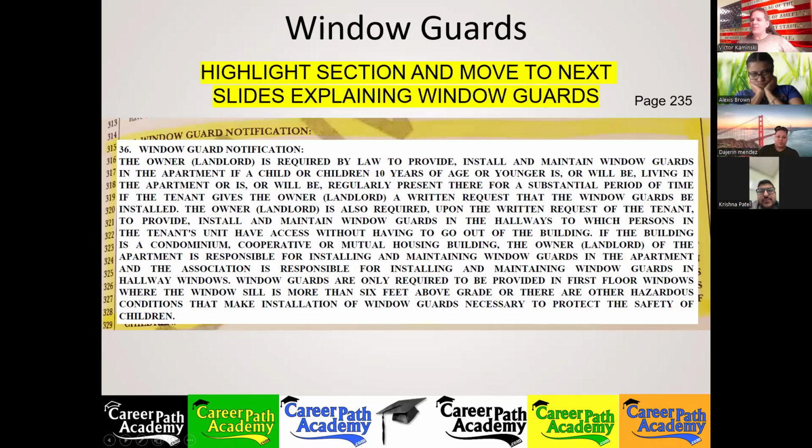Okay, nothing in the book about window guards, but window guards is definitely on your exam. So we're going to go to section 36 on page 235 and put a highlighted box around section 36 of the actual lease in the book.